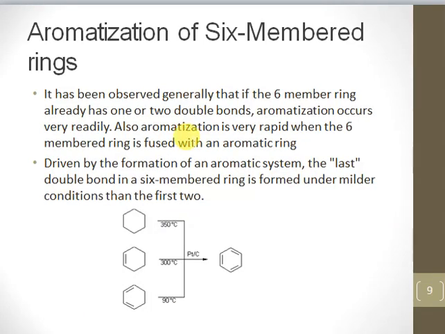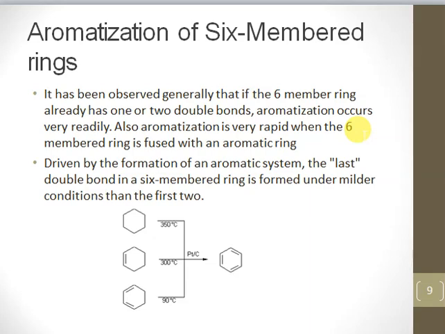Alright, previously we mentioned that if a 6-membered ring already has a double bond or two double bonds, then aromatization occurs very readily, right? Aromatization is also very rapid when a 6-membered ring is fused with an aromatic ring.